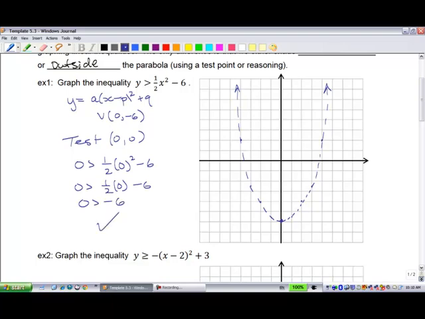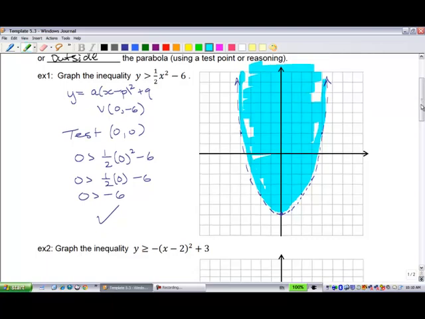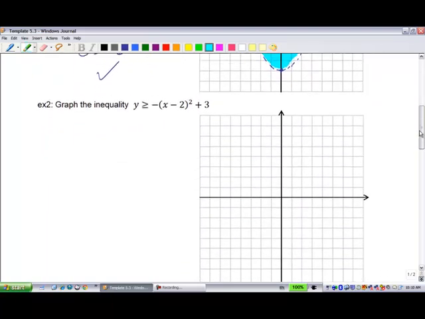Basically, you bet it is. So we are going to shade inside of that parabola. Because 0, 0 worked, we're going to shade inside that parabola. Pretty straightforward, right? Just graphing quadratics, which we've done a lot of.